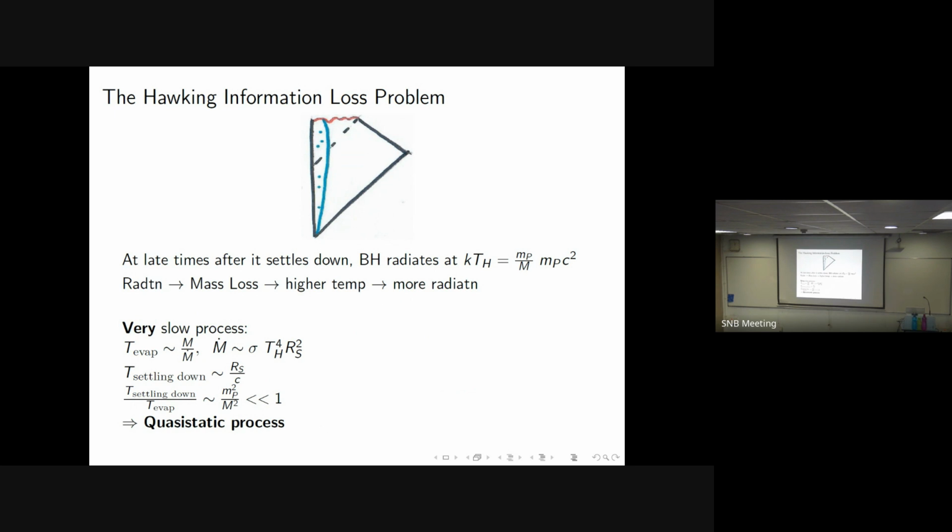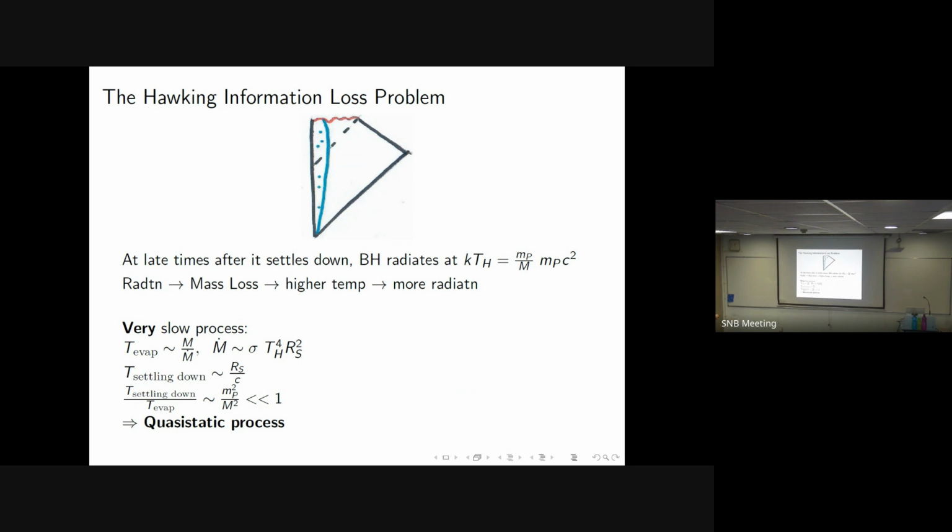Simplest to put a zero mass field here, and you look at what happens to it over here, and you find that it's populated with particles. Right? So you say the black hole has radiated particles, and it radiates at a temperature called the Hawking temperature, which is inversely proportional to the mass. It's a very, very low temperature for an astrophysical sized black hole because you have these factors of the Planck mass all over the place.